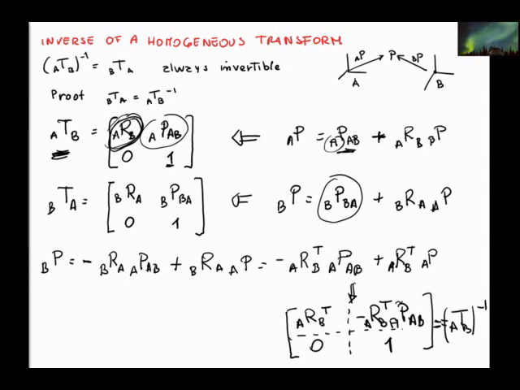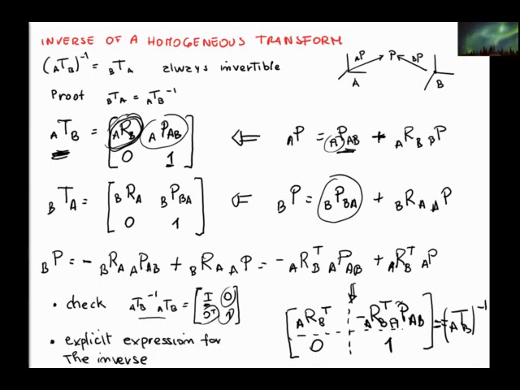And we can check this is an inverse by pre or post multiplying by ATB and see that we get the identity matrix, which is a homogeneous transform that represents no rotation, no translation, that has the identity matrix here, a 1 here, and zeros in these locations. And as I said, this is an explicit expression for the inverse.